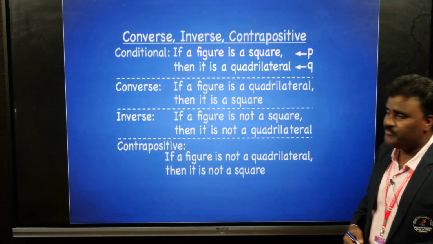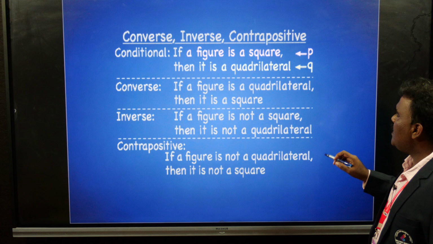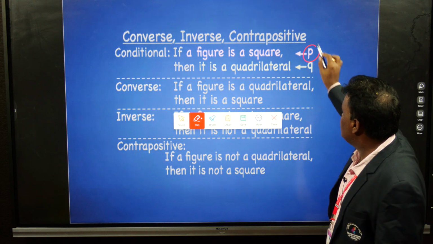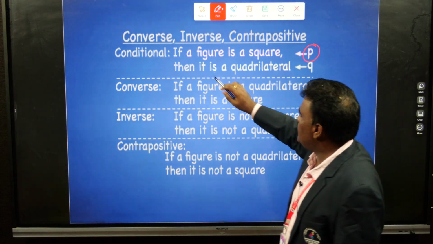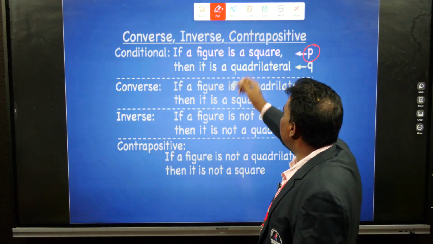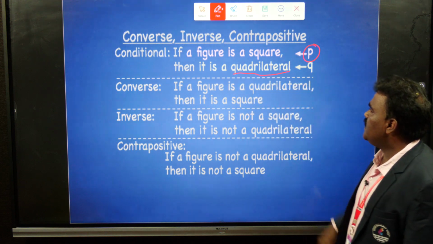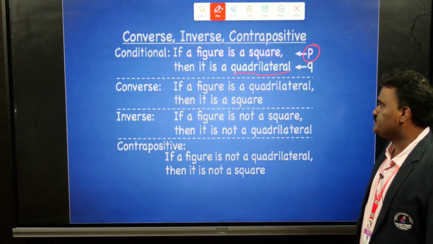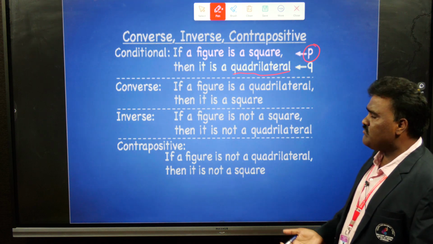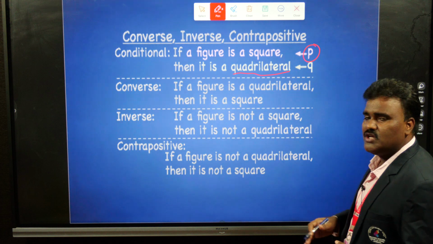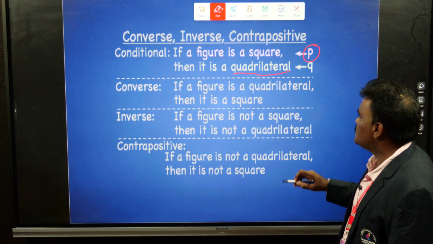Next, one more example. Here we have two statements. The first statement, that is P, is: if a figure is a square. What is the second statement? Then it is a quadrilateral. So converse. What is converse? Simply you have to interchange the statements.